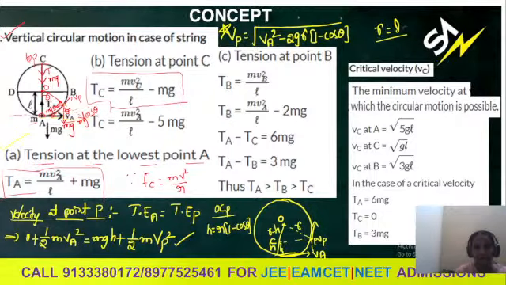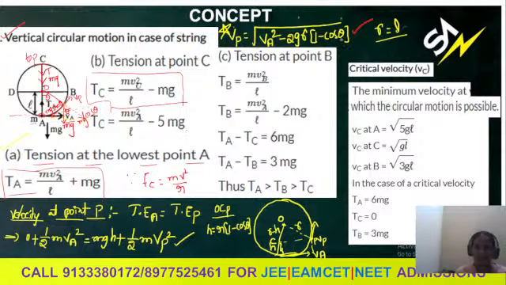And the speed at point C, which is the top of the circular motion, by using this equation, tension can be written as mVA square by L minus 5mg.